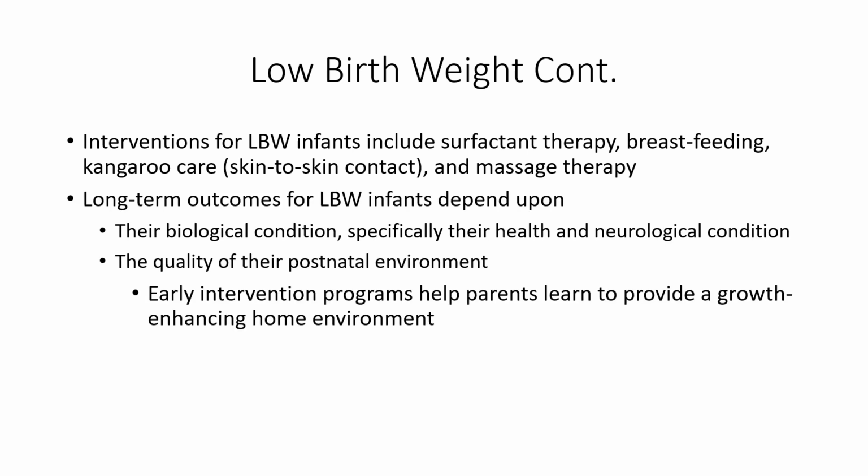Long-term outcomes depend upon their condition, specifically their health and neurological condition, and the quality of their postnatal environment. So with early intervention programs that help parents make an enriching home environment, long-term outcomes end up being very little different, if any difference.